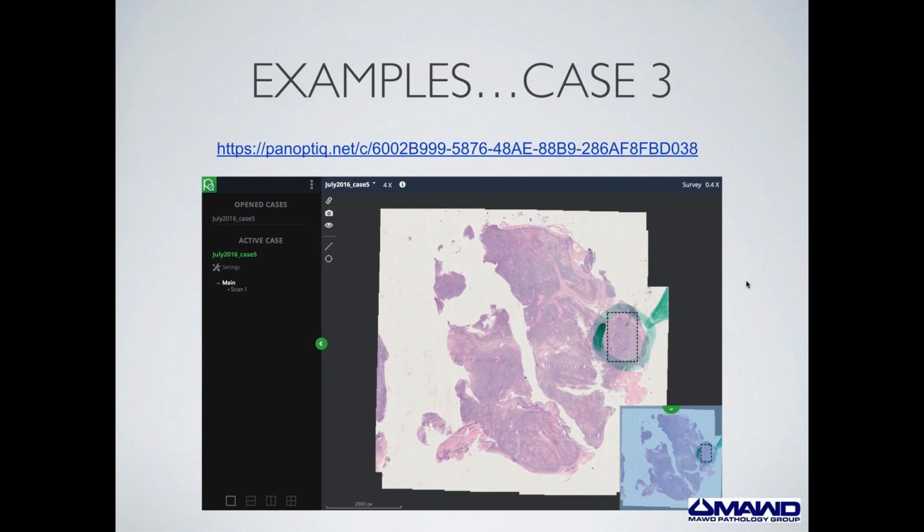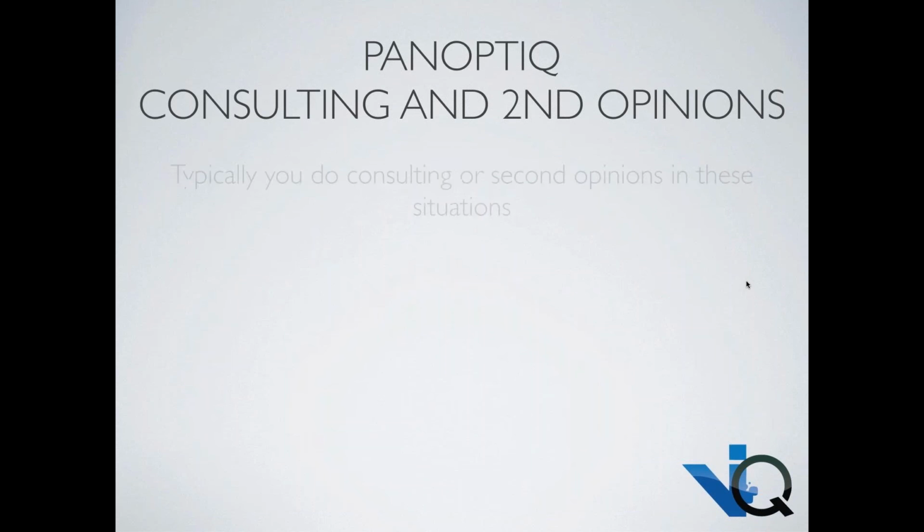Okay, so I'd just quickly like to talk then about using Panoptiq today outside of tumor boards in a different situation, which is for consulting and second opinions. Typically most organizations, most pathologists want to do consulting or are involved in consulting second opinions in 3 different situations.